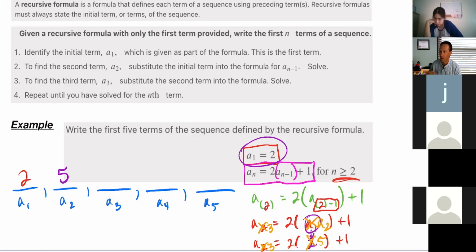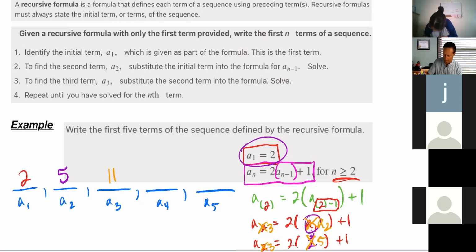So do you guys see why they call it recursive? That pattern is just going to keep reoccurring to find the next and the next and the next. So good, we'll take this and do what? Double it, and then don't forget to add 1. So what do we get? 11. Good.